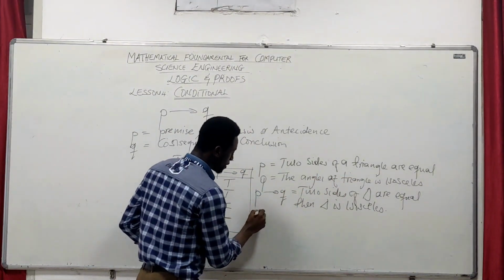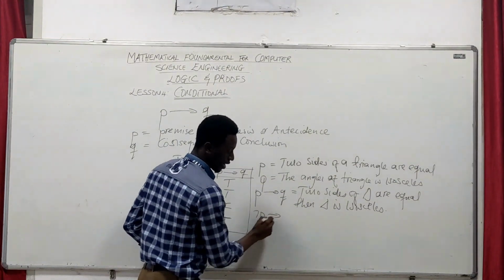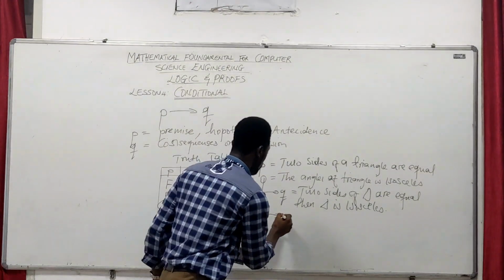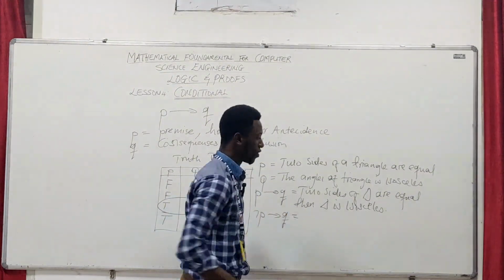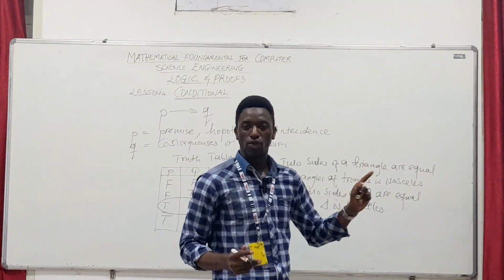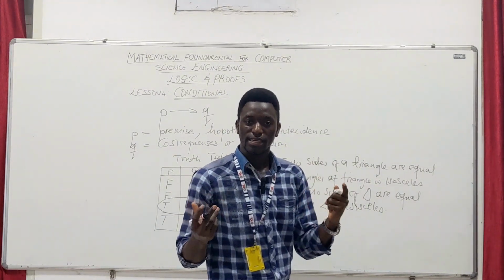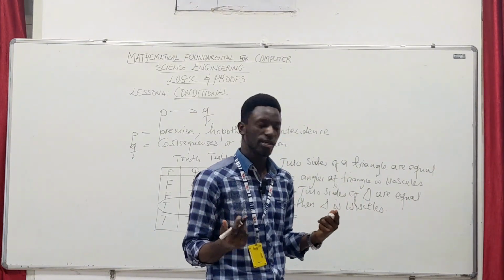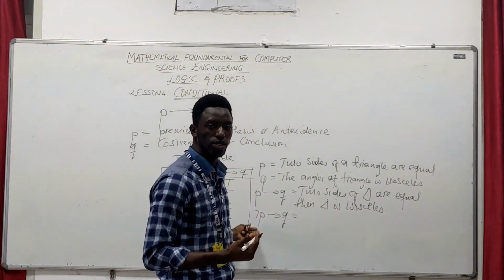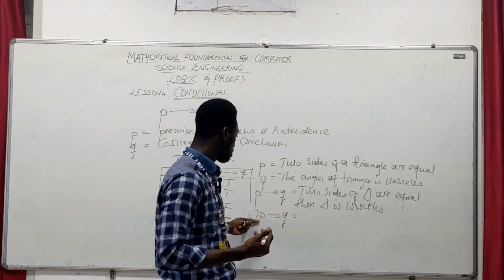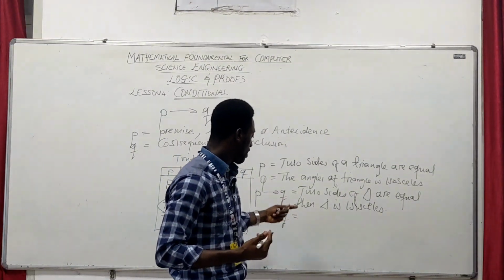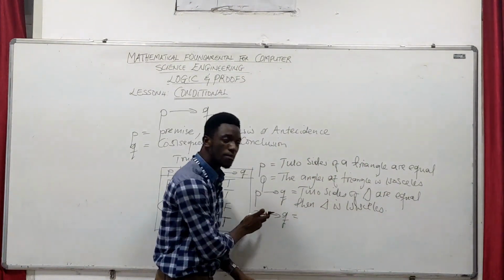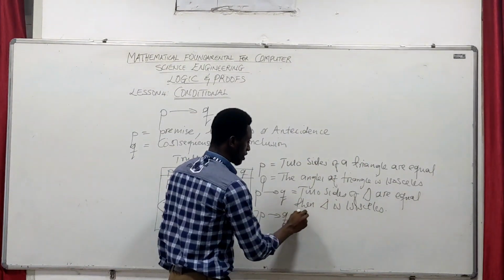So if you say not P, negation, last class we treated negation. If you say negation P implies Q, it means the two sides of a triangle are not equal, then the triangle is isosceles. If you use this negation on either side, not P implies Q means the two sides of a triangle are not equal, because negation means not.